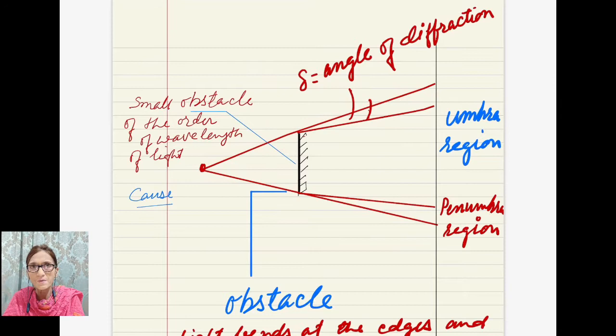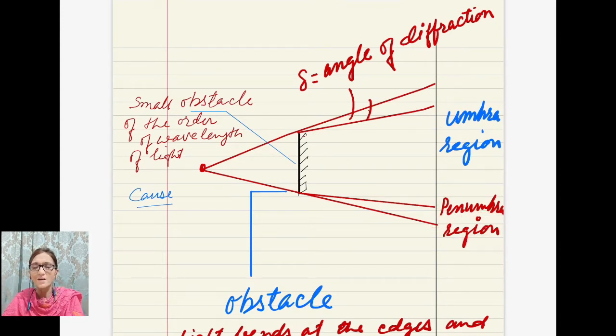But it fails the principle of rectilinear propagation of light. It bends at the edges and light enters the shadow region. So you have two parts of shadow region, one dark part and a part where light has entered. The dark part is called umbra region and the partially dark part is called penumbra region.